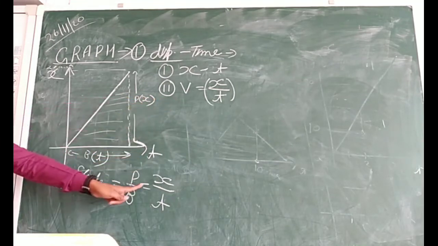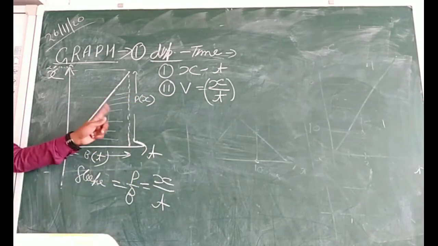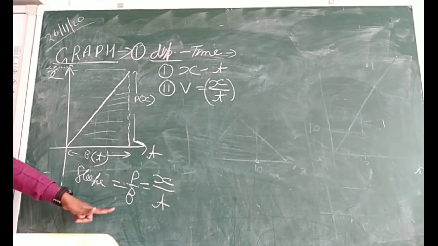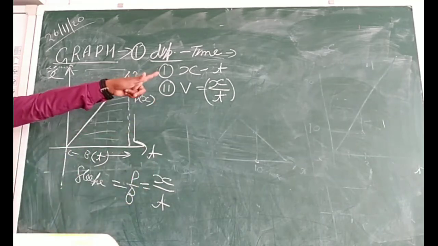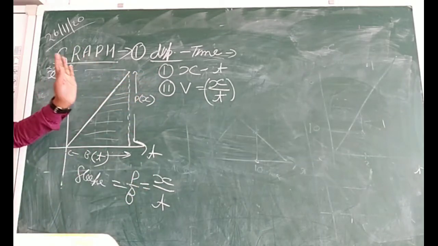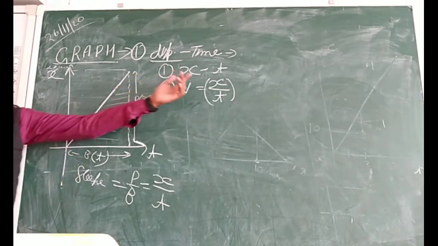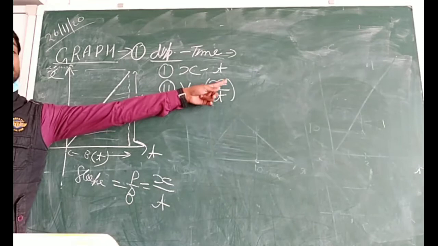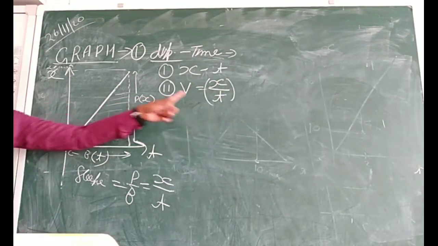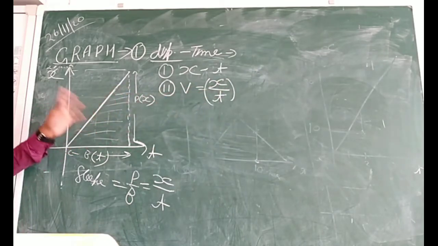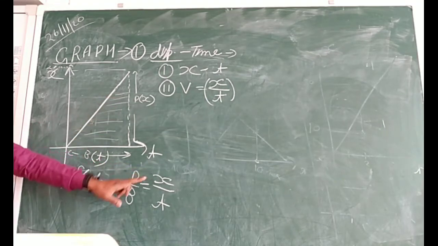You can see this perpendicular upon base of this graph, which is called the slope, is now equal to the velocity. Means if you compare physics and mathematics, in physics it is the displacement upon time, and in graph as per mathematics it is the perpendicular upon base.